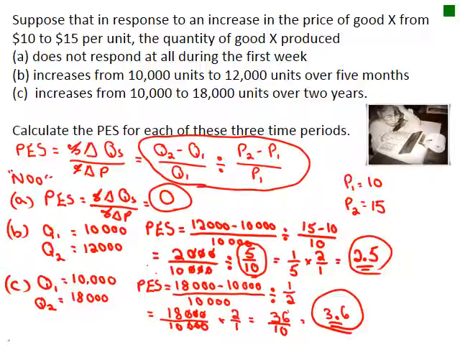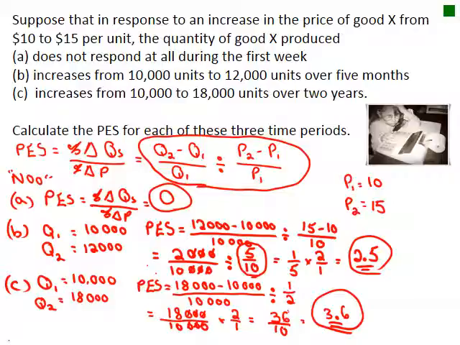And so we would have 18 minus 10 over the 10,000 times 2 over 1.